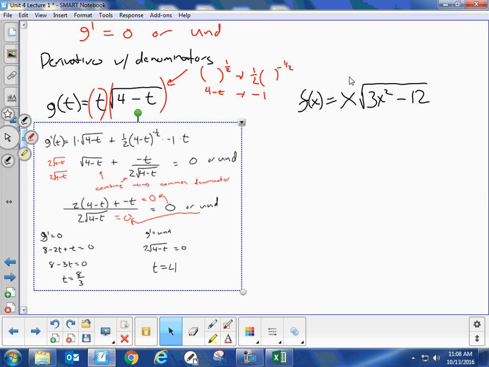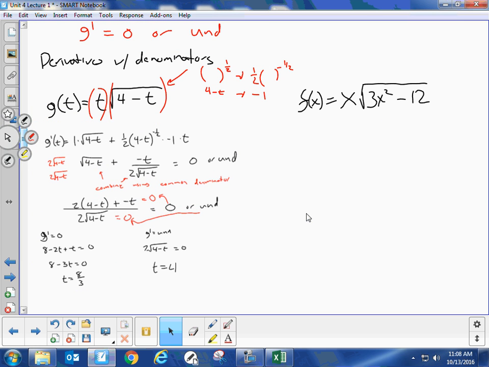Let's go ahead and do this guy over here on the right. X root 3x squared minus 12. You get 4 answers, plus or minus one number and plus or minus another number.